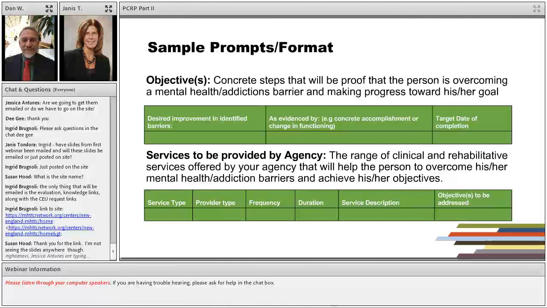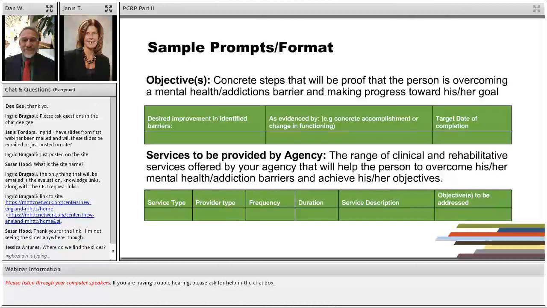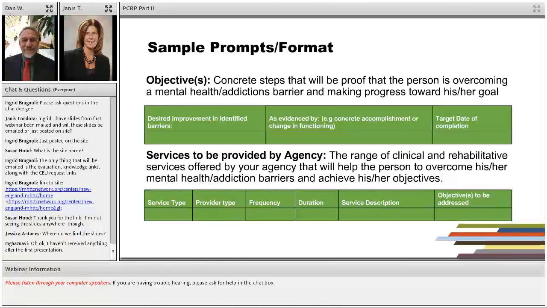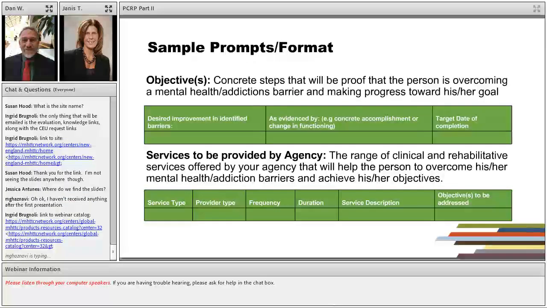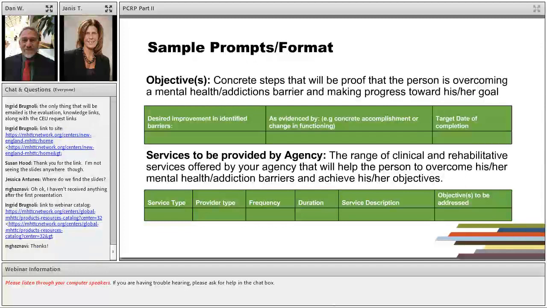The service type might be individual therapy, provider type might be the licensed clinical social worker, frequency is once a week for 3 months, but the service description would be something like, Johnny is going to attend a DBT group to work on their self-injurious behaviors, and that should be reflecting back directly to the objective. And then we wanted to logically link which objective the service was being applied to.